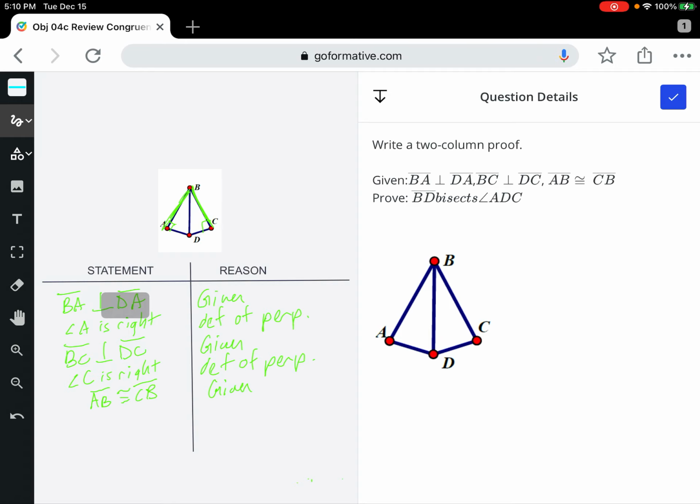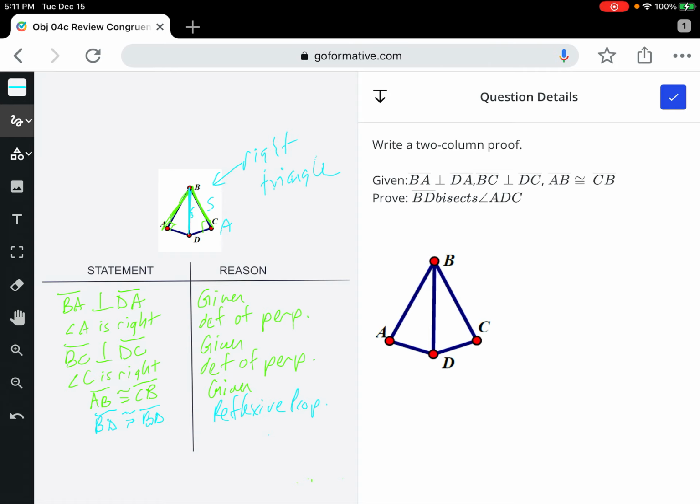And I need a third thing. So what's the other thing I tell you guys to look for is reflexive property. So I know that BD is congruent to BD, reflexive property. Okay. That said, a lot of you remember that this is angle side side. That's not a way to prove congruence, but this is a right triangle, and right triangles are special.